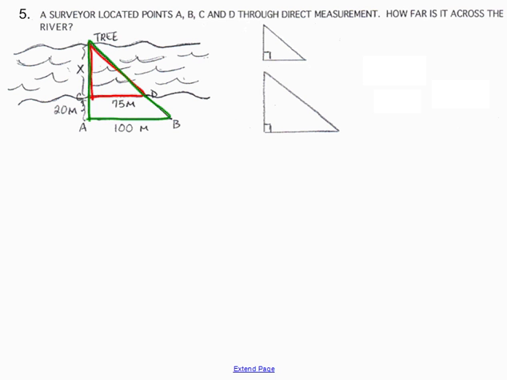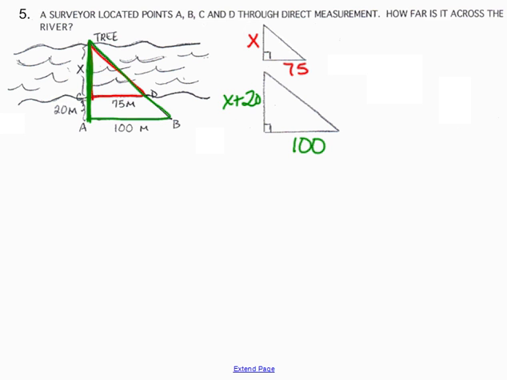So for the small one, let's figure out the measurements. We've got x and we've got 75 because we don't know how far it is across that river. And we do know that now the green one, I know that this is 100, that's easy enough. But now I have x plus 20 to get that whole side.